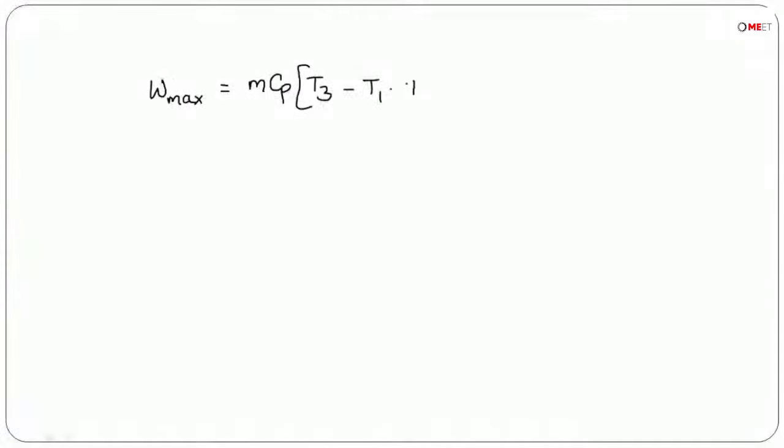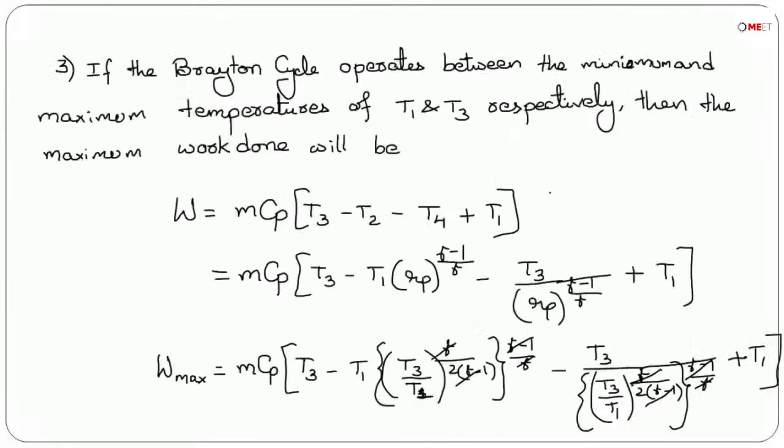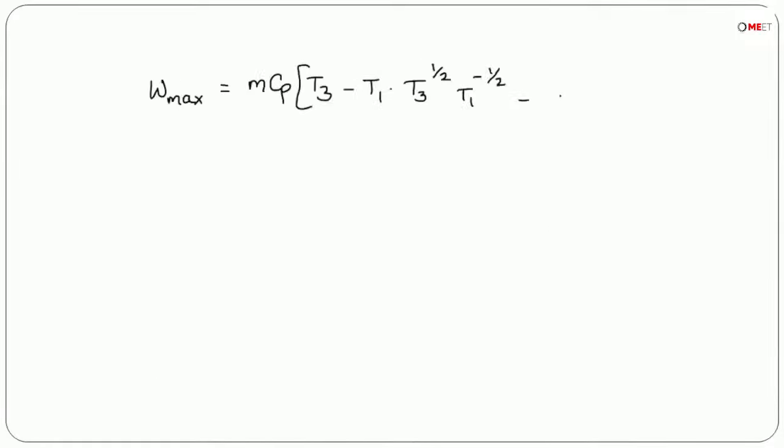So I am writing it like this: T3 power 1 by 2 into T1 power minus 1 by 2 minus, here T3 by T1 whole power 1 by 2 will be there. So we can write this as T3 into T3 power minus 1 by 2 T1 power 1 by 2 plus T1.